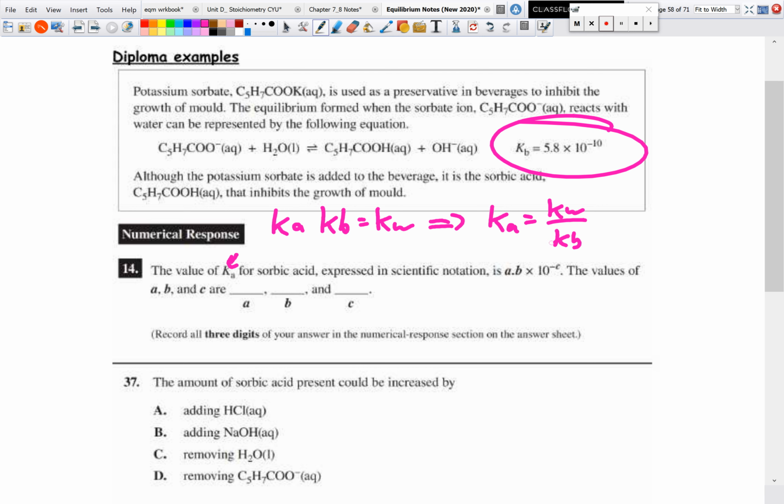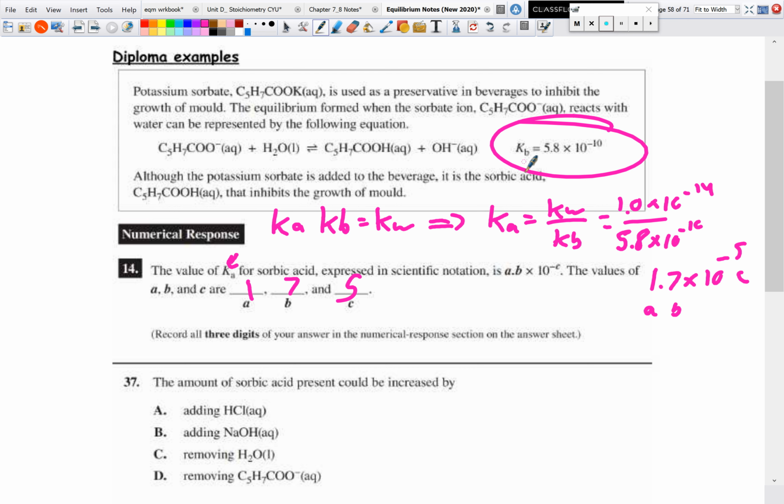When we do this, we get 1.0 times 10 to the negative 14 all over 5.8 times 10 to the negative 10. We get a value of 1.7 times 10 to the power negative 5. That means this is our A, B, and C, so we got 1, 7, 5. And that is it, nothing really spectacular about that.